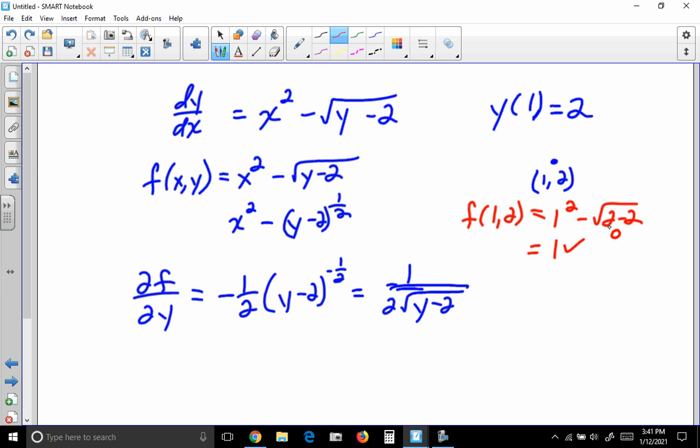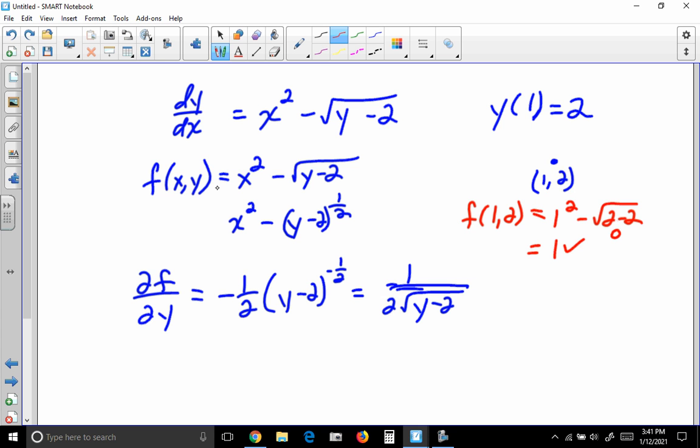If we pick a y value that's any smaller, infinitesimally smaller, 1.999999999, if we put that in for y and subtract 2, we're going to get a negative underneath here. So that means that all y values, in order for this to be continuous, have to be bigger than 2.